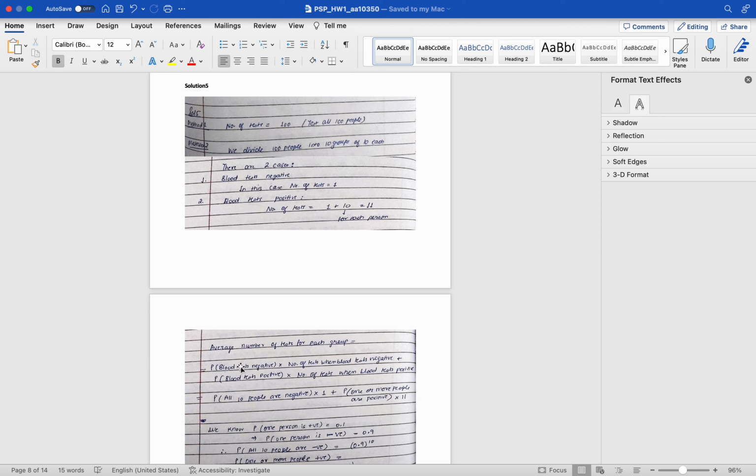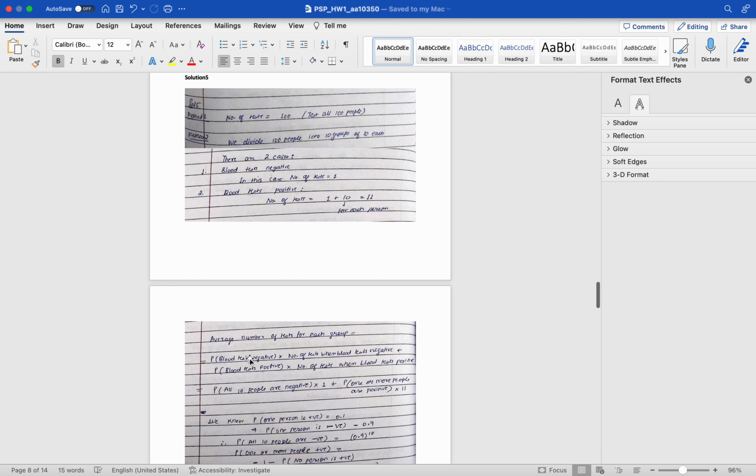So the total will be the probability that the blood test is negative times the total number of tests when the blood test is negative, plus the second case, which is the probability that the blood test is positive times the number of tests when the blood test is positive.